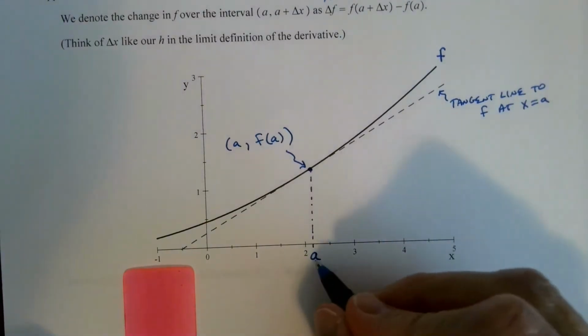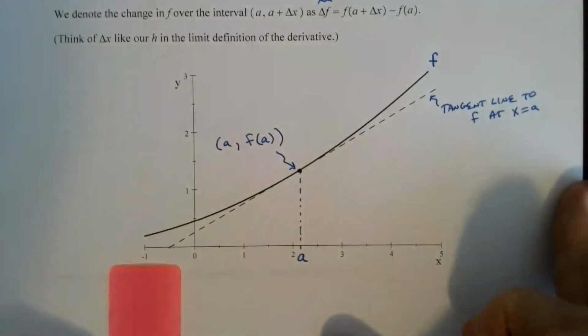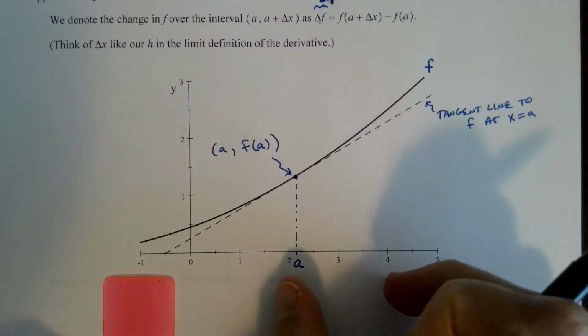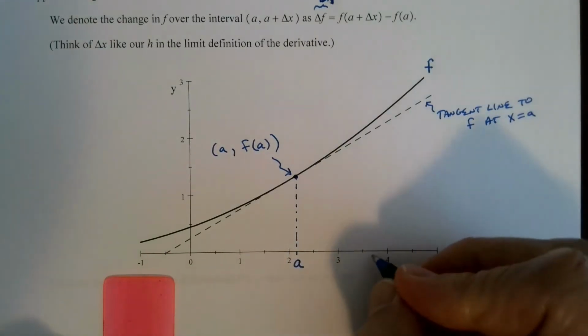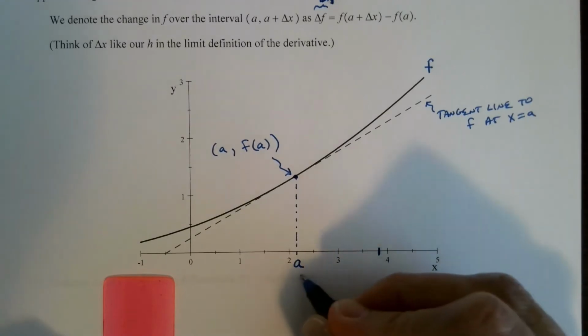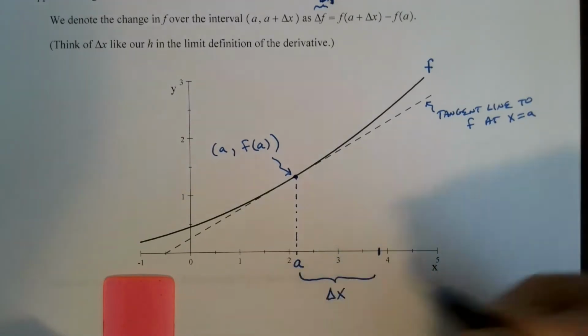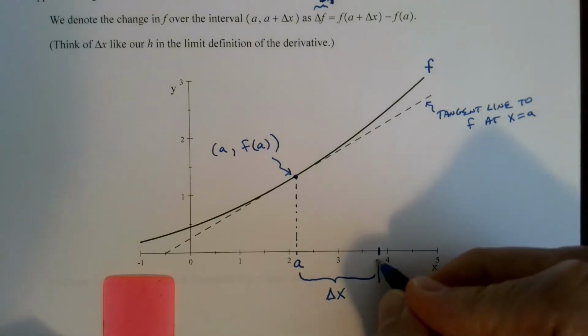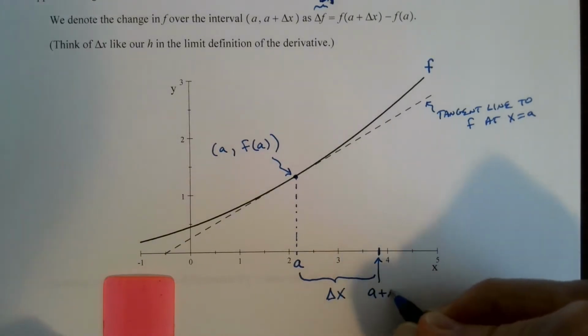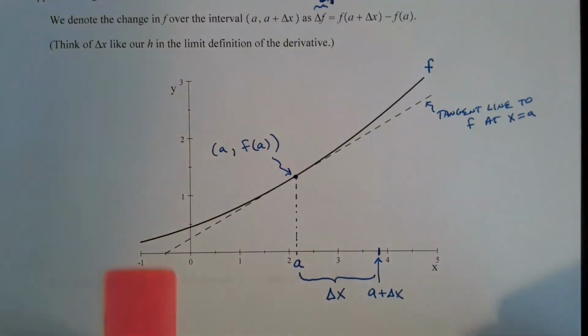Okay, and then I'm going to let delta x be a positive value, so delta x will be some positive quantity. Let's just say that delta x is the distance from here to here, the change in x, delta x. And so what's this point right here? We can say this is a plus delta x. Right? A plus delta x.